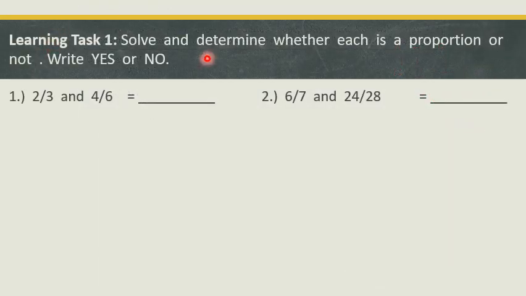So, for the learning task 1, let us solve and determine whether each is a proportion or not. We will write yes or no. So, yun lang isasagot natin. So, ngayon, paano natin malalaman kung proportion o hindi? So, katulad kanina. So, yung 2:3, sulat lang natin ng pang fraction form as 2, 4:6. So, paano malalaman pag proportion or hindi? Cross multiply.